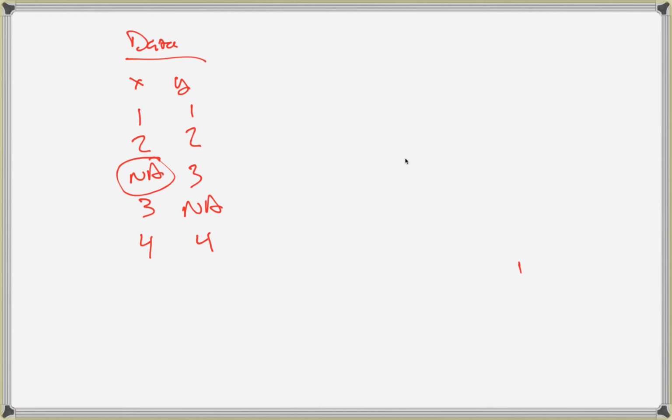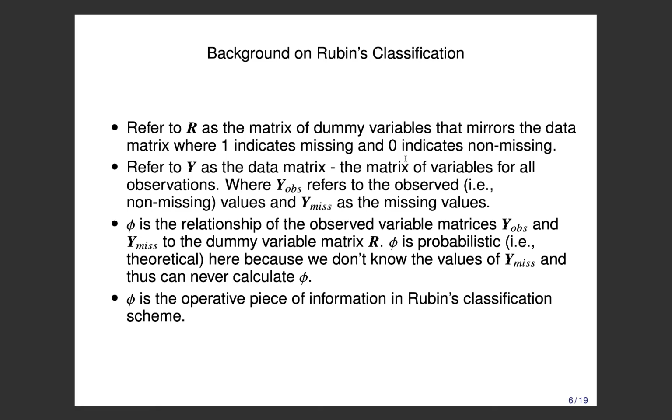We were unable to measure it because the relevant information wasn't available to us, or the person who knew the information failed to respond to that question. But it's not that in reality the data are missing, it's that we failed to measure it. So the Y miss isn't this actual missing value itself, it's the true value of that variable out in the world, right? So we assume that all of the variables that we have some true value out in the world, and Y miss are the true values that would have been observed if we had been able to perfectly observe the data.